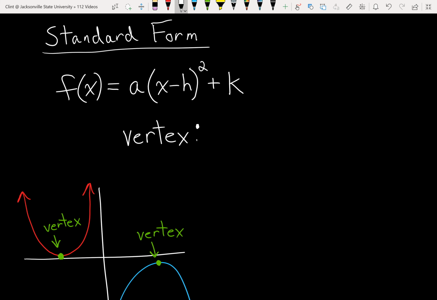So here, if we have this standard form equation, then that means that the vertex of this parabola is going to be located at the point h, comma, k. So you have to be a little careful. We're subtracting the h in here, so it's the opposite of h. We'll get positive h, and then plus k. That's our y value. Okay, so that's a really nice thing about standard form, is that we can read off the location of our vertex.